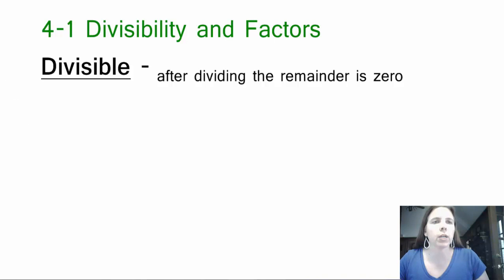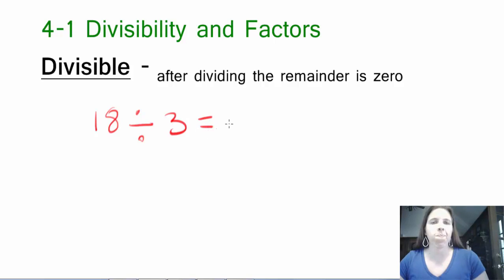Okay, today we're going to talk about 4.1, divisibility and factors. We talked the other day about the different tricks you know if something's divisible by something else, so some of this will be a review. But divisible just means after dividing the remainder is 0. So for example, 18 divided by 3 equals 6.